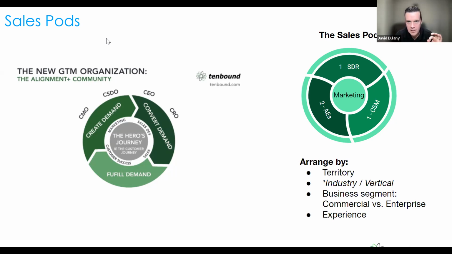So you start with the customer in the middle and their buyer journey. Another book I would highly recommend is Building a Story Brand, and understanding what is the buyer journey of your potential customer, and then building your organizational structure around that buyer journey.